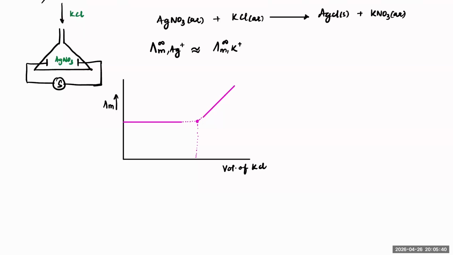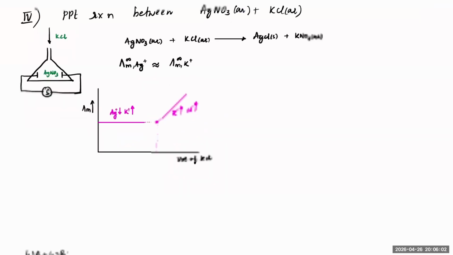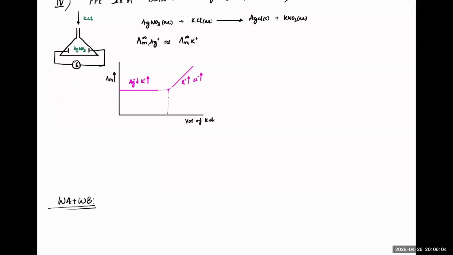Here Ag plus is decreasing and K plus is increasing, and they are compensating. But after that K plus is increasing and Cl minus concentration is also increasing. Because the number of ions is increasing, lambda m value is increasing. So in any PPT based case, this is how you have to check it.